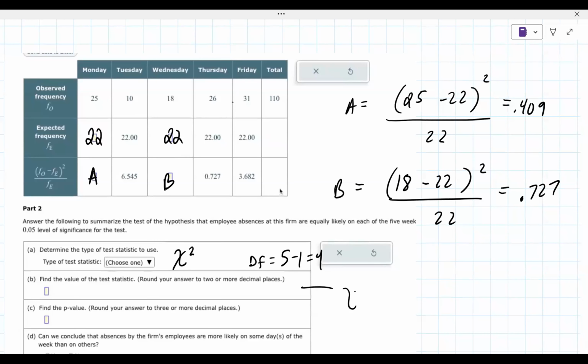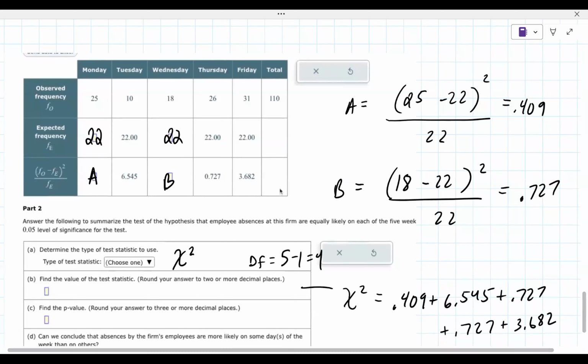The value of the test statistic is the sum of this row down here. So I got 12.090, but please double check that.